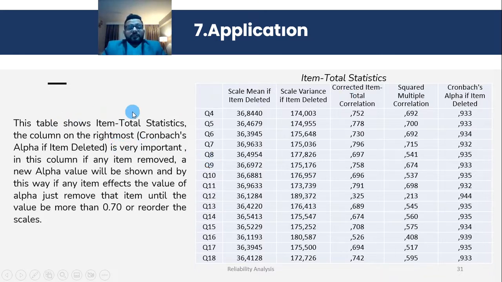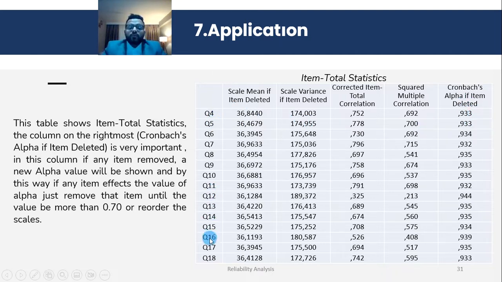And if the Cronbach alpha value is less than 70%, we can use this table in the SPSS program. Here is the most important column for us, because if we remove question 4, the new Cronbach alpha value will be this.